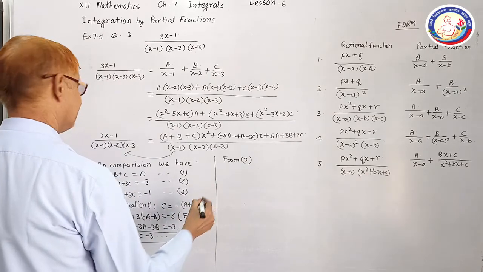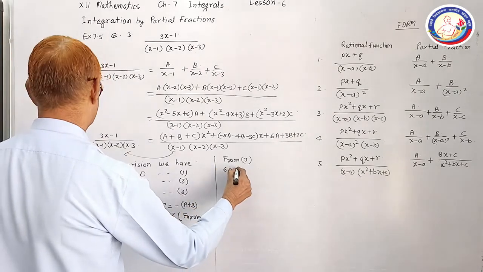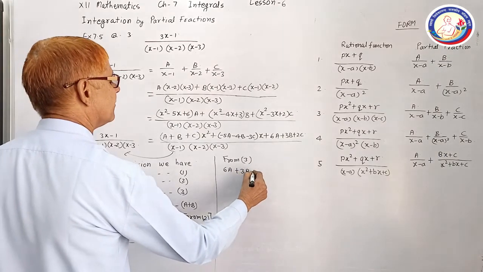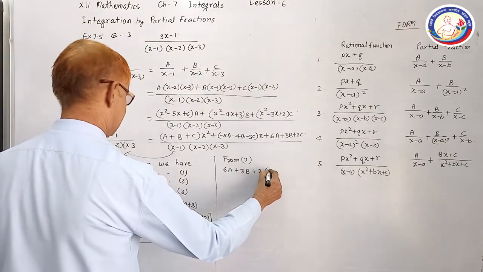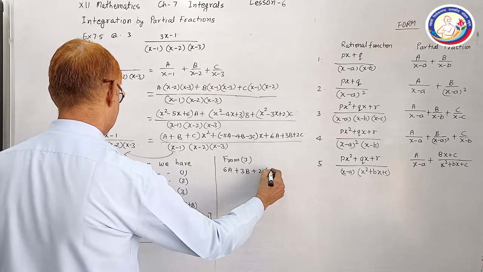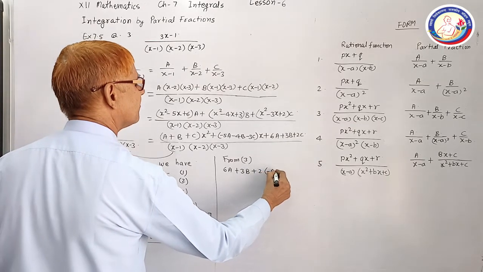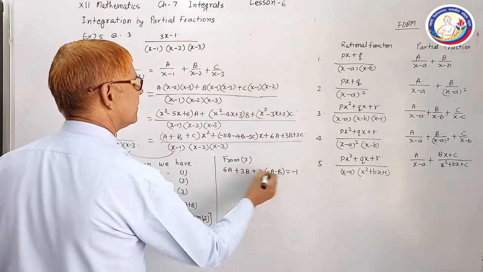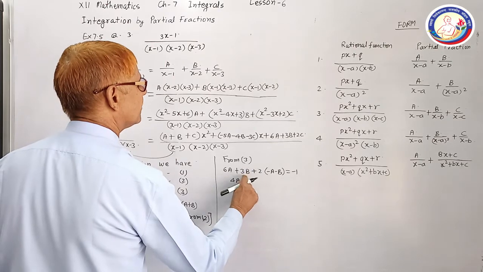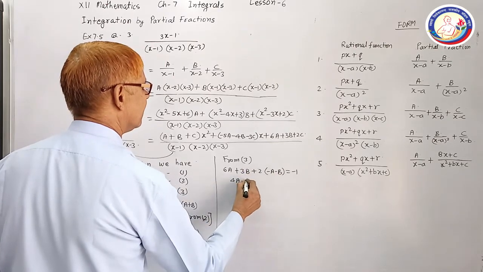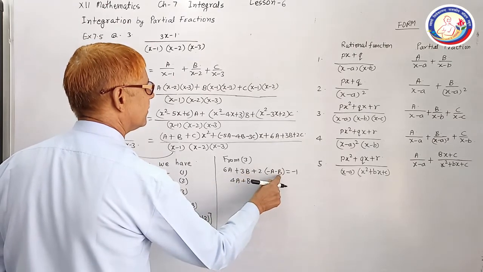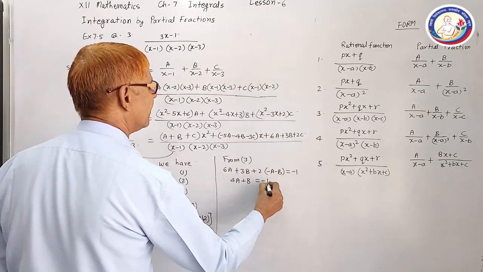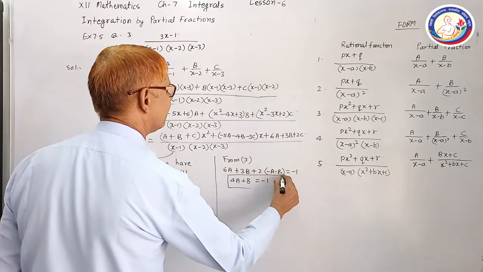It is 6A plus 3B plus 2 into (minus A minus B) equal to minus 1. So 6A minus 2A, that is 4A, and 3B minus 2B, that is B, equal to minus 1. Call this equation 5.